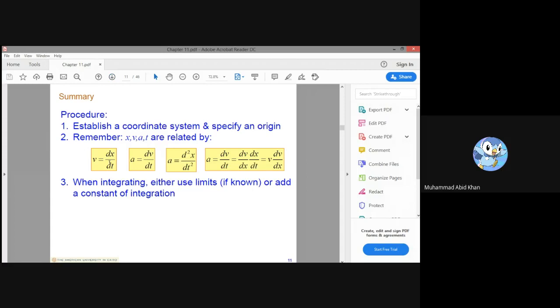You can find the equations here, and by using them you can find the answer. Then, when integrating, either use limits if known or add a constant of integration.